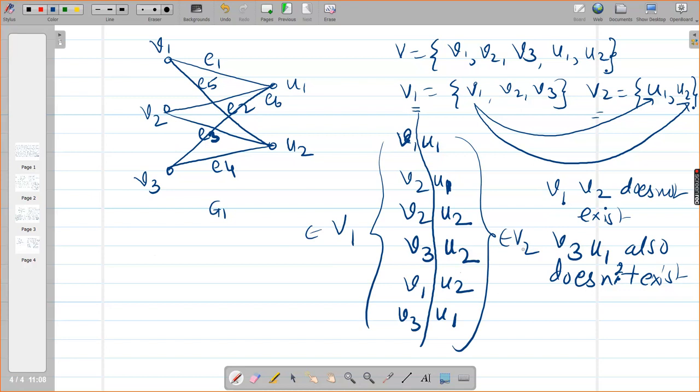And in addition to that, if you observe, every vertex of V1 is adjacent with every vertex of V2.